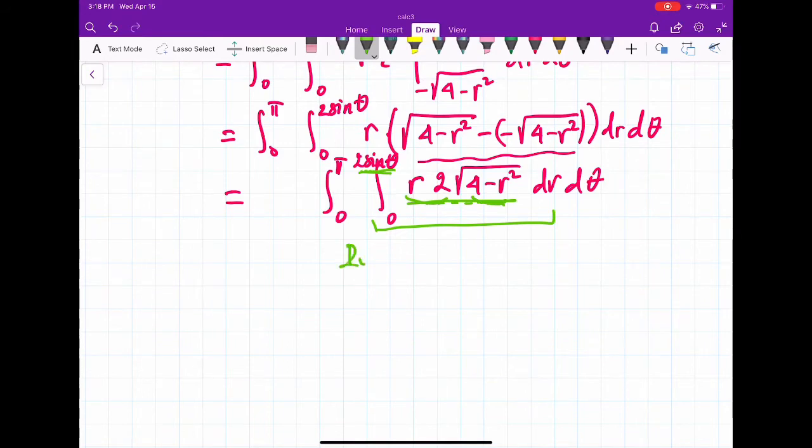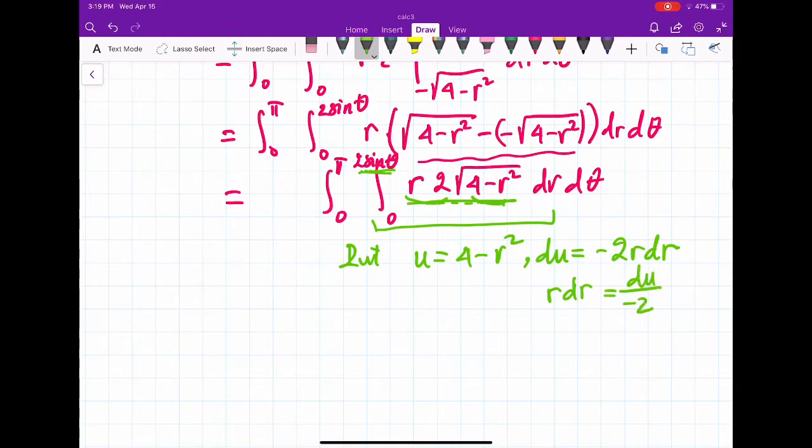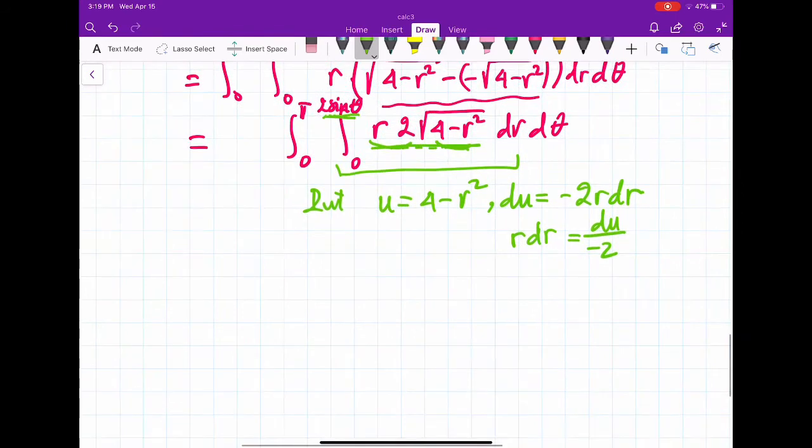But you can see 2r here and 4 minus r squared. So I will put u equal to 4 minus r squared. I have du equal to negative 2r dr, or dr equal to du over negative 2. Makes sense? Now, I can change the integration limits right away.